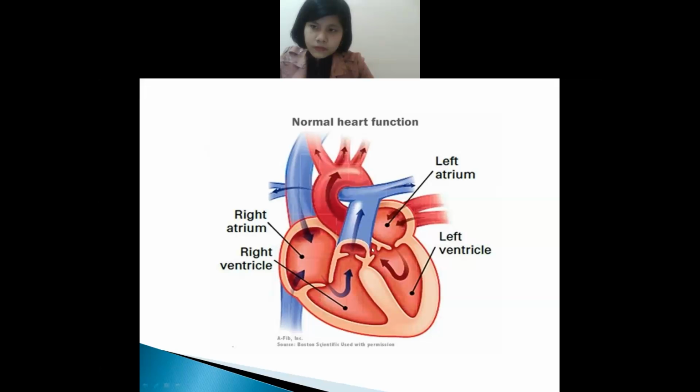Okay, I see it again. So here valves are there. Ma'am, there are four. Tricuspid valves. Okay, so what is the name of the valve here? Mitral valves, ma'am. Okay, this one?